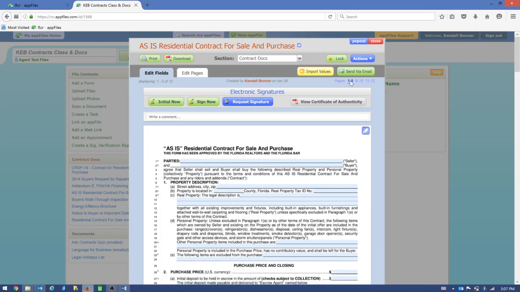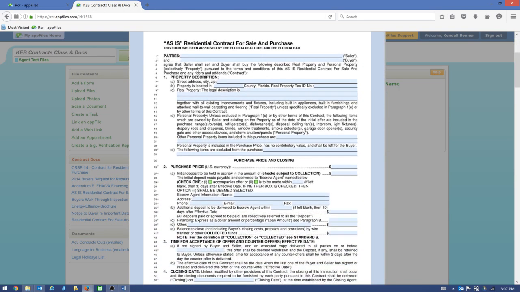Next class, when we dive into the FAR Bar 4, I will go over the remaining paragraphs and specifically the financing paragraph. That one's a big one that a lot of agents I don't think understand. So please understand that this class assumes you understand page 1. Page 1 is one of the most important pages in the contract.